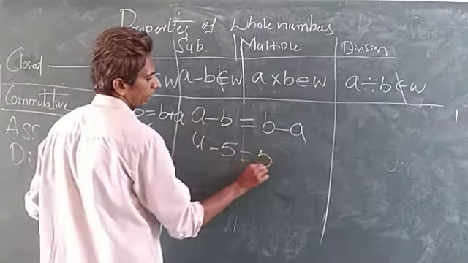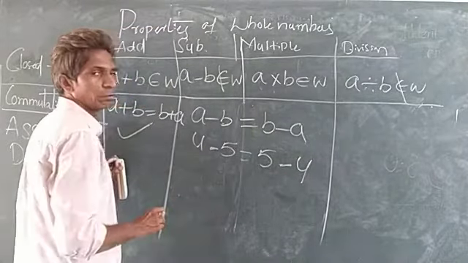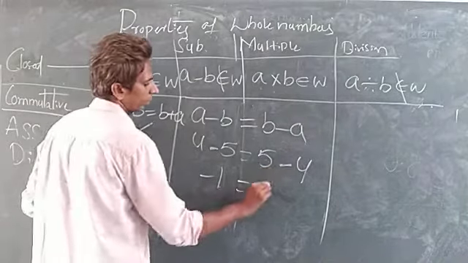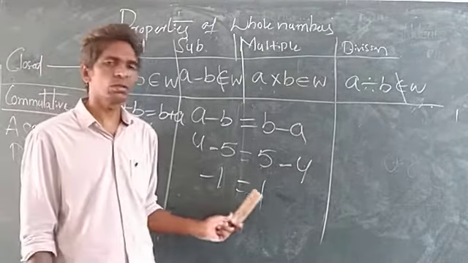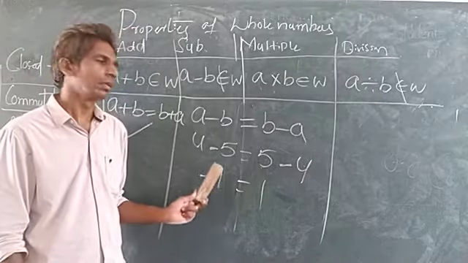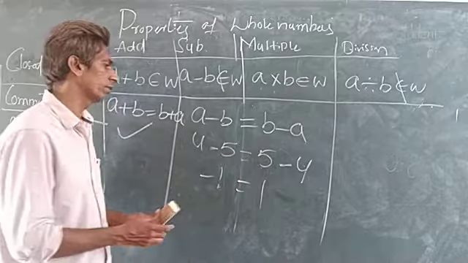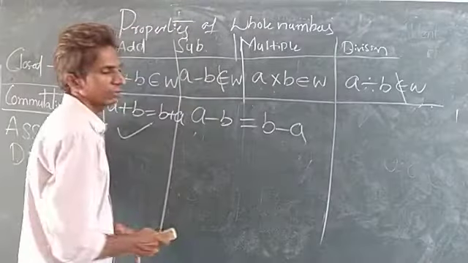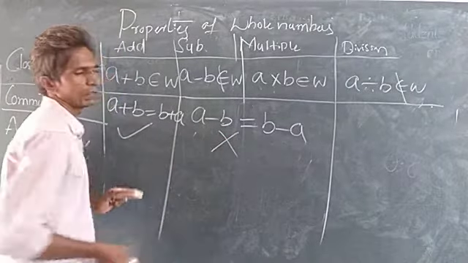So B minus A is 5 minus 4. 4 minus 5 will become minus 1. 5 minus 4 will become 1. Is it equal? Minus 1 equal to 1? No, it is not equal. So the condition will not be satisfied. LHS is not equal to RHS. So it does not satisfy the condition.